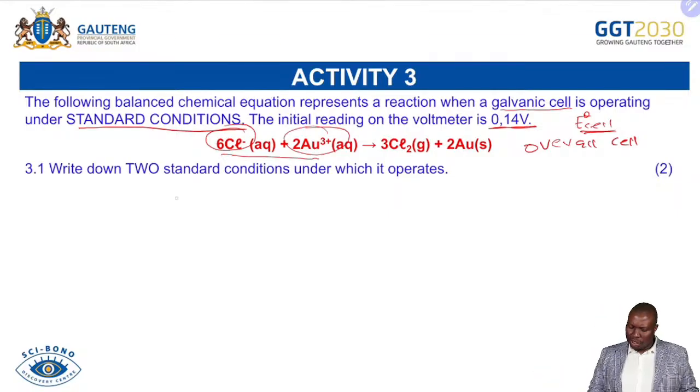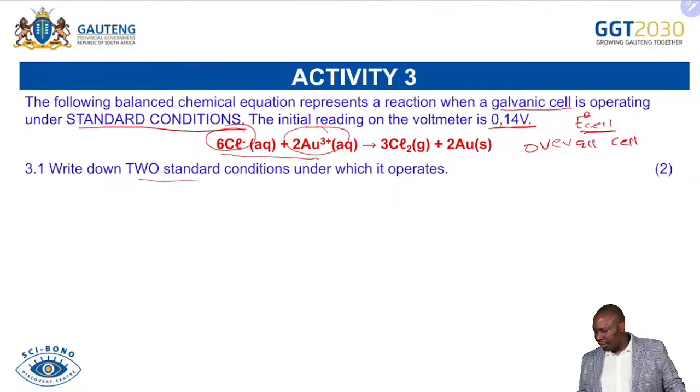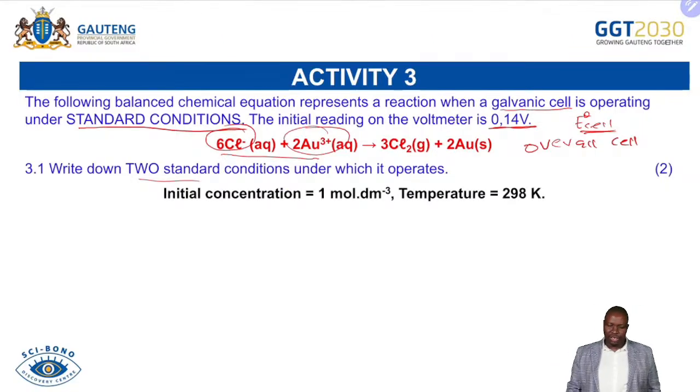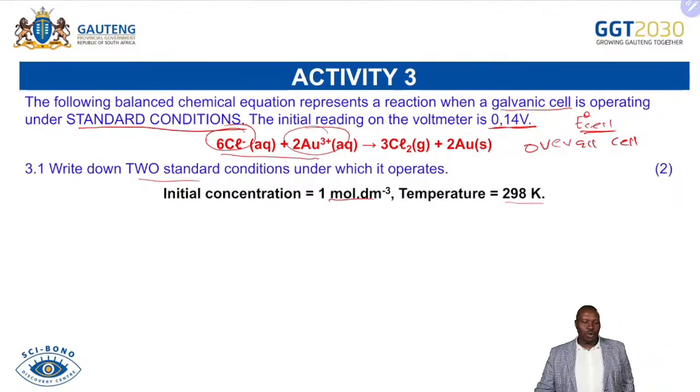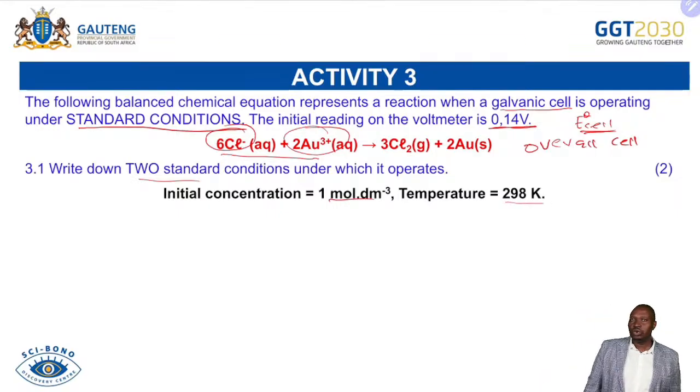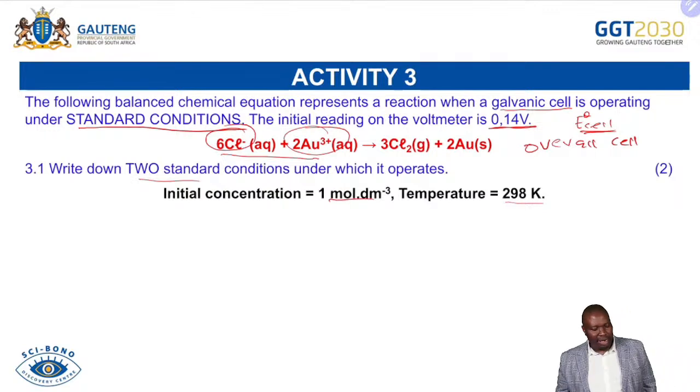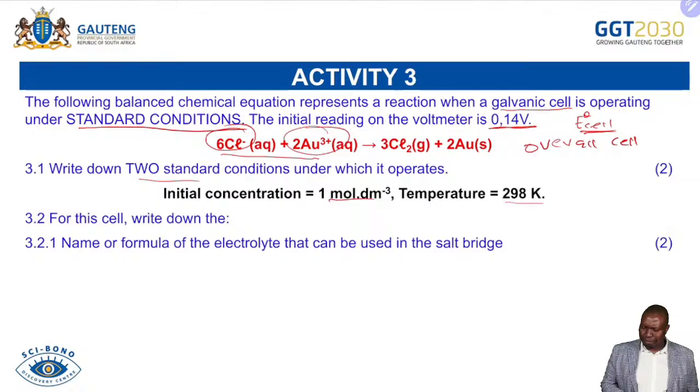So you have written the two standard conditions that were asked of you: initial concentration is 1 mole per cubic decimeter, temperature is 298 kelvins. Always safe to write these two because pressure is conditional, only when we have gases.